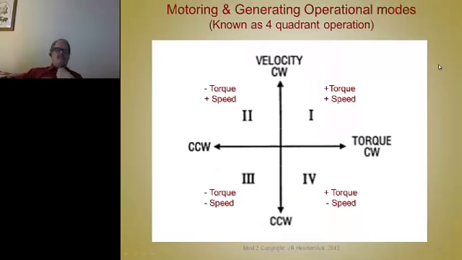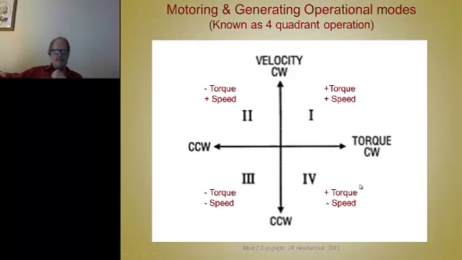Okay, now the purpose of using these old motors in new ways using power electronics is to vary the speed and determine whether the torque or speed is positive or negative. So if we plot torque on the horizontal axis, and here's zero torque, we can produce clockwise torque or counterclockwise torque.